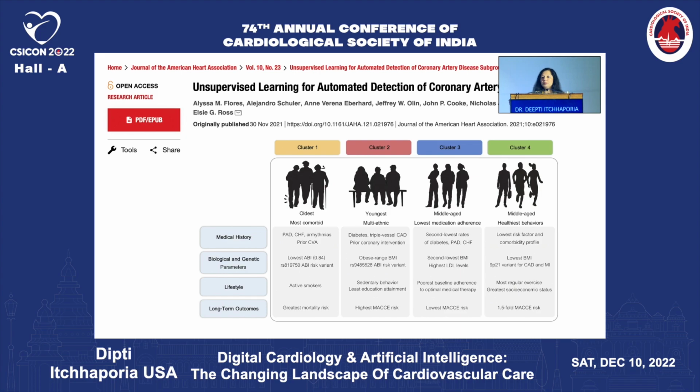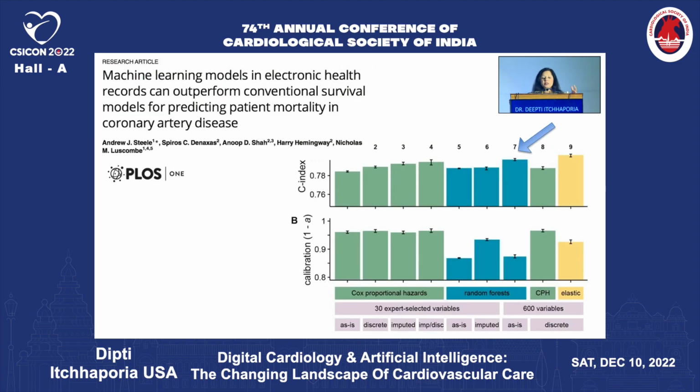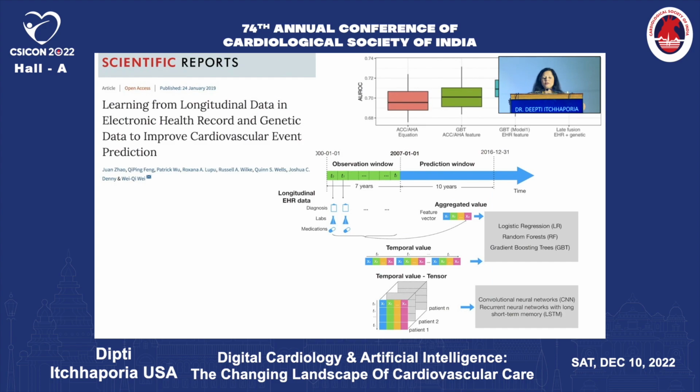This is a potpourri, in the next few slides, of all of the different things that are being published with artificial intelligence and coronary artery disease: unsupervised learning for AI in coronary artery disease, machine learning models for predicting patient mortality in coronary artery disease, AI-enabled ECG algorithms for patients with atrial fibrillation, learning from electronic health record and genetic data to improve cardiovascular event prediction.